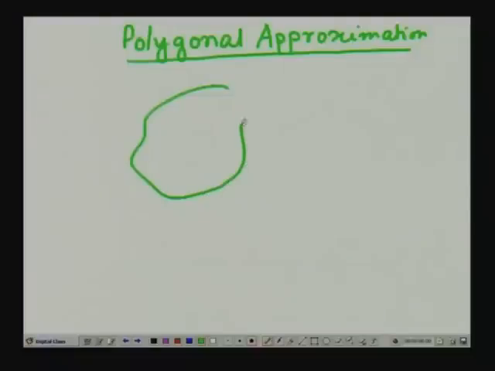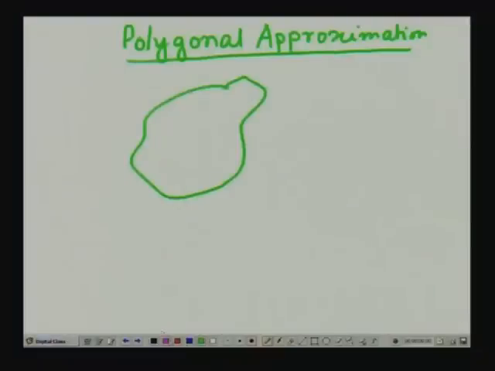Suppose we are given an arbitrary boundary like this. What we want to do is represent or approximate this boundary by a polygon following some criteria. There are numerous polygonal approximation techniques reported in the literature. Obviously, we cannot discuss all of them, but we will consider some simpler ones.